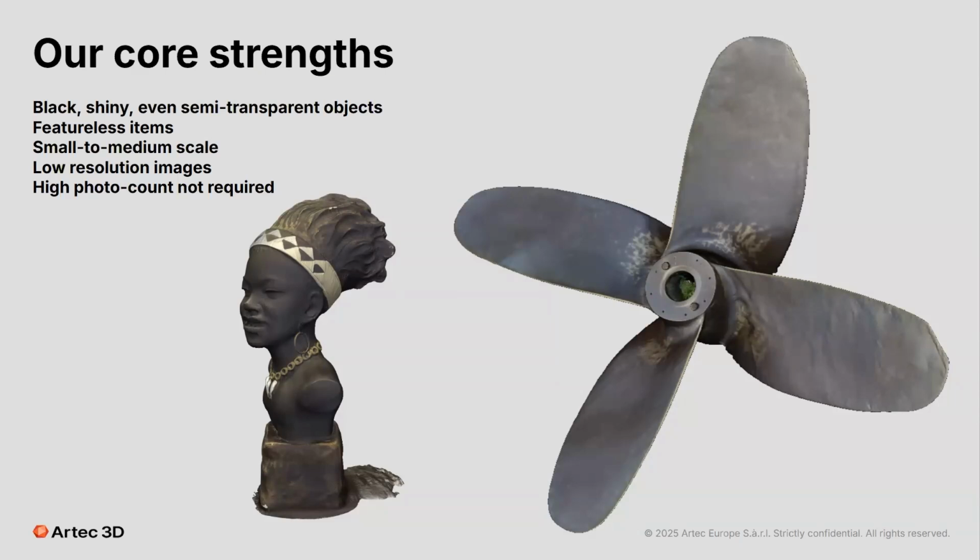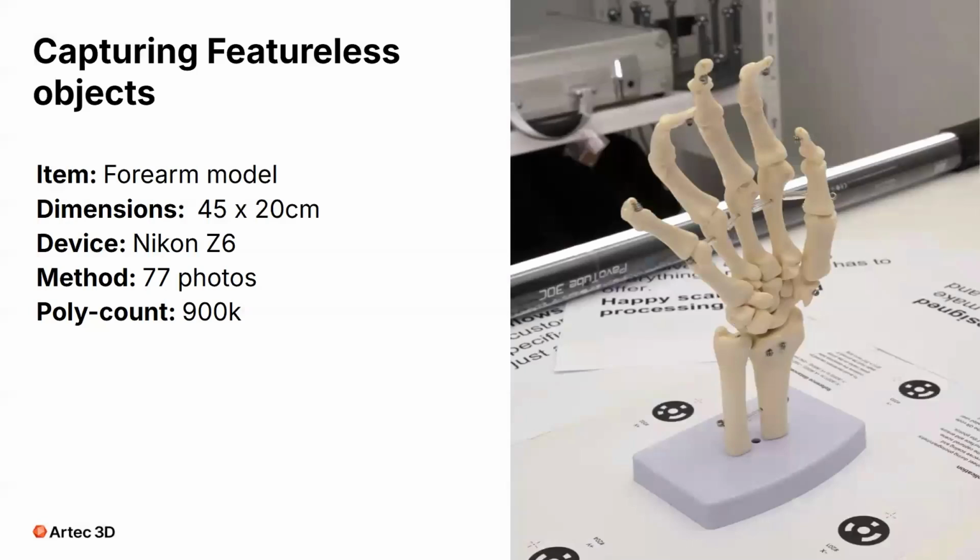And we can even work with low resolution images, so we can get pretty decent results even with low resolution images taken with your phone. And we don't require thousands of photos to reconstruct an object.